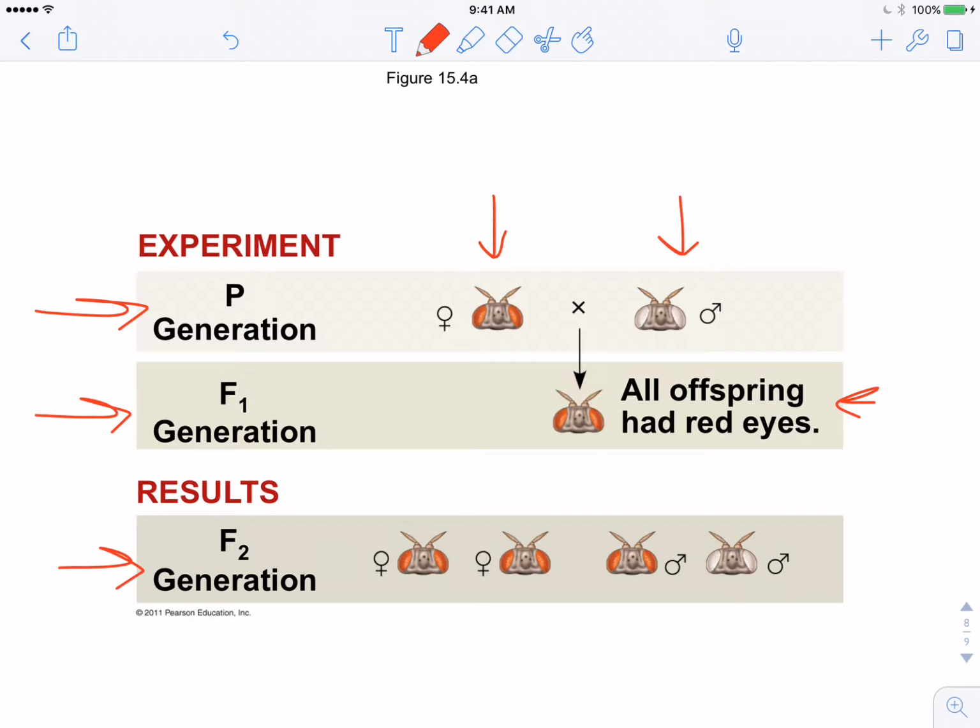In the F2 generation, all the females were wild type and only males had the mutant phenotype. So even though it was a normal 3-to-1 phenotypic ratio, only males had white eyes.